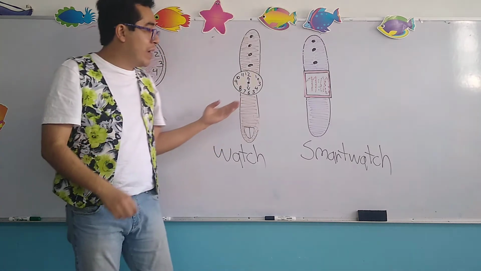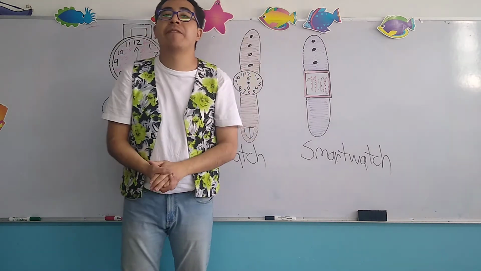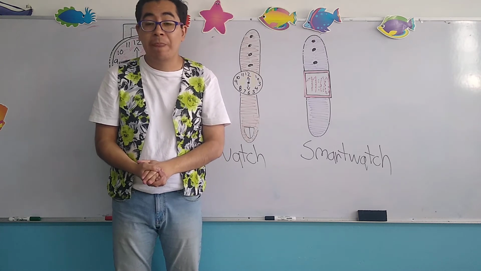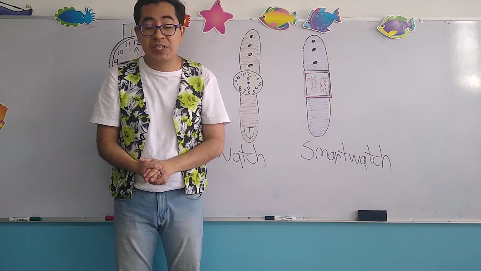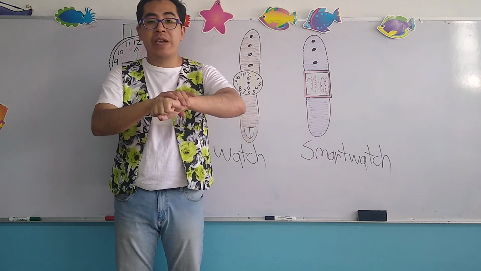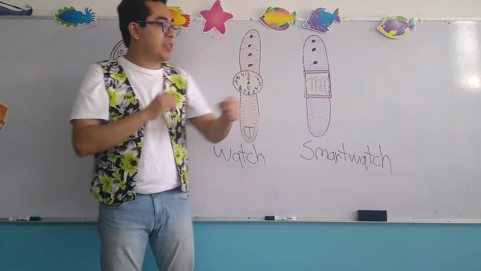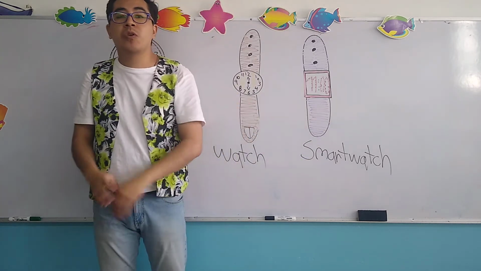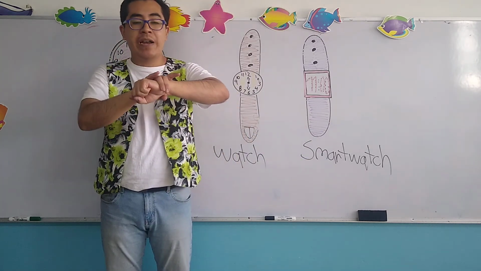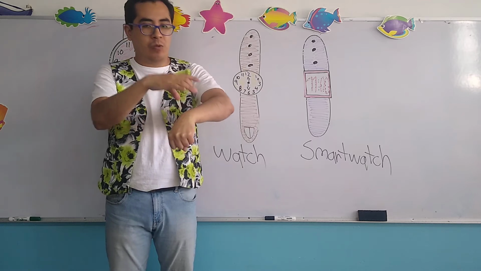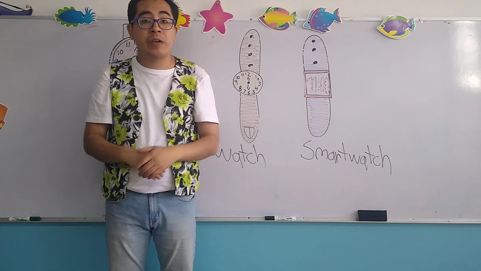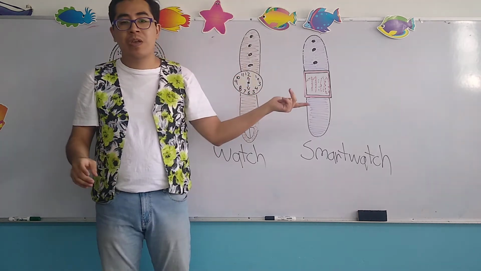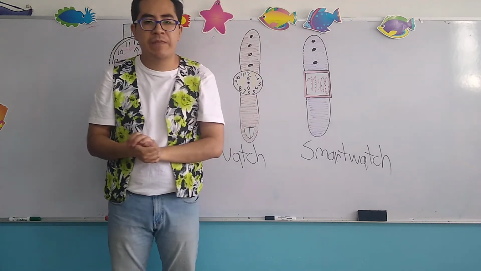Very good. And finally, we have the smartwatch. Now the smartwatch, once again, goes on the wrist, but there is a difference between a regular watch and the smartwatch. Aunque los dos, ambos van en la muñeca, ambos los colocamos aquí, hay una gran diferencia entre los dos. ¿Cuál creen ustedes que sea esa diferencia?